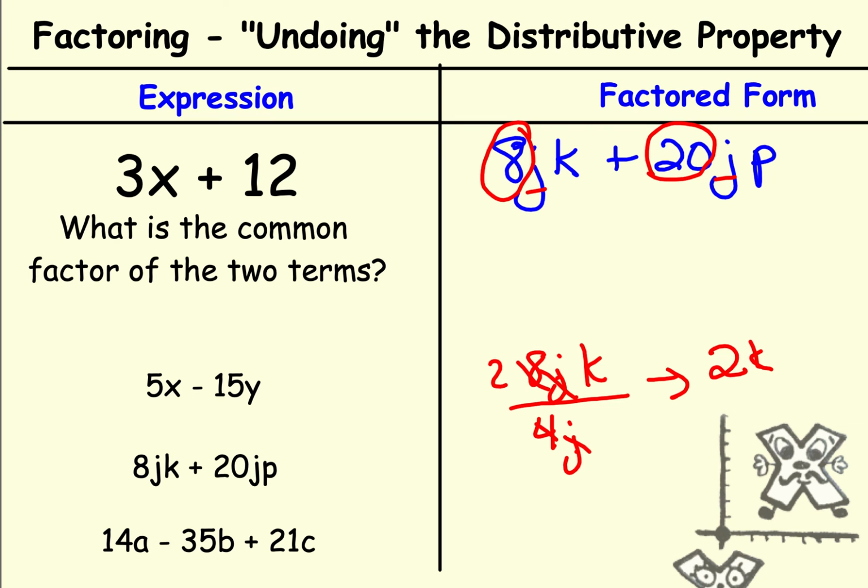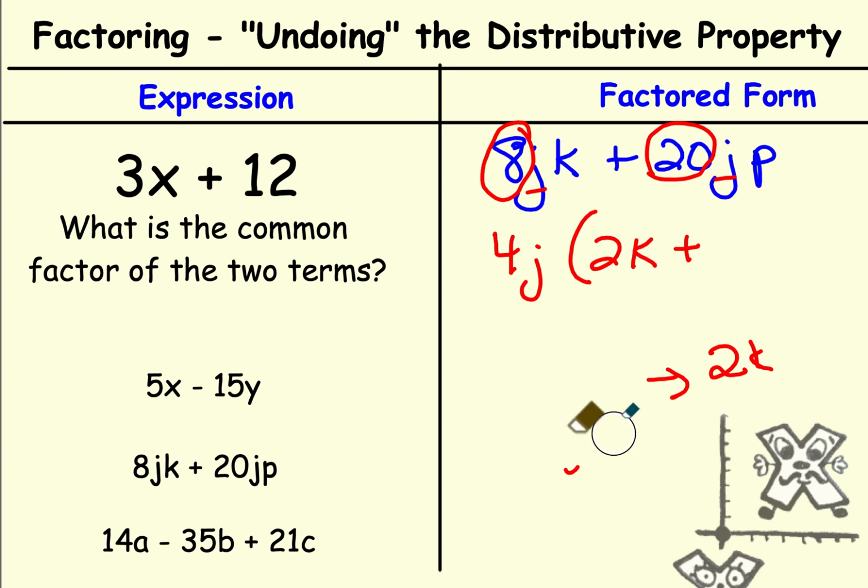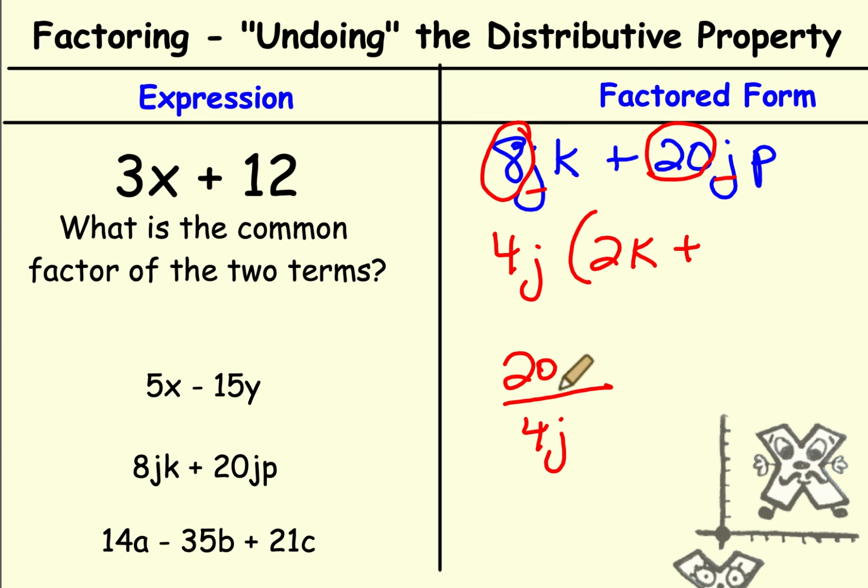Our common factor is 4j, leaving us 2 times k in the first term, plus, and then in our second term, we're going to factor out 4j, 20 divided by 4 would give us 5, and j cancels j, leaving us p.